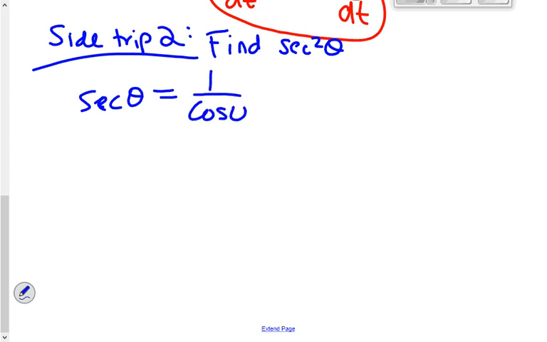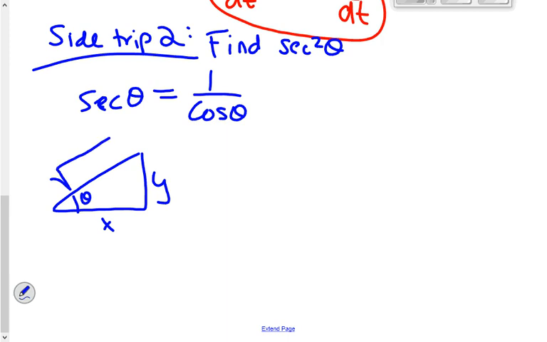1 over cosine, right? And I have this triangle, where here's theta, here's x, here's y. What's the hypotenuse going to be? Okay, so what's cosine theta going to be in terms of my triangle here?